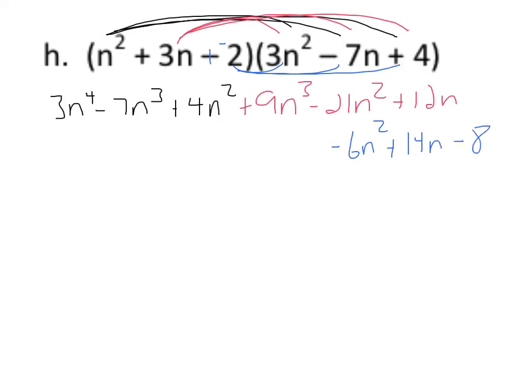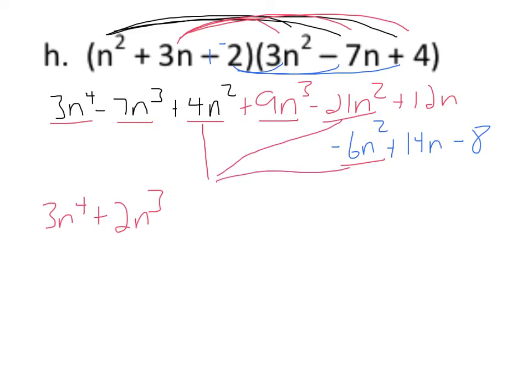So let's combine like terms. Well, we have a high power of n to the fourth, so we just write 3n to the fourth. We have a cube and a cube, so together, remember, check signs now, we have a plus 2n cubed. We have an n squared, an n squared, and an n squared. So I'll write it this way here.